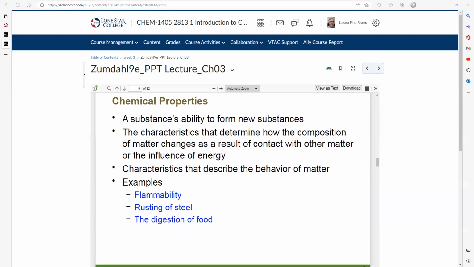Some examples of chemical changes are flammability, rusting of steel, and the digestion of food. Pay close attention to these. In a chemical property, the substance that you have at the beginning is different from the one that you have at the end.